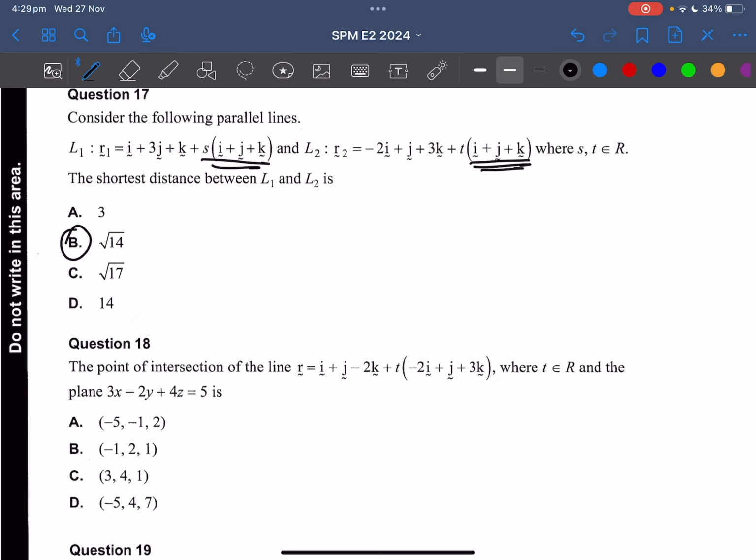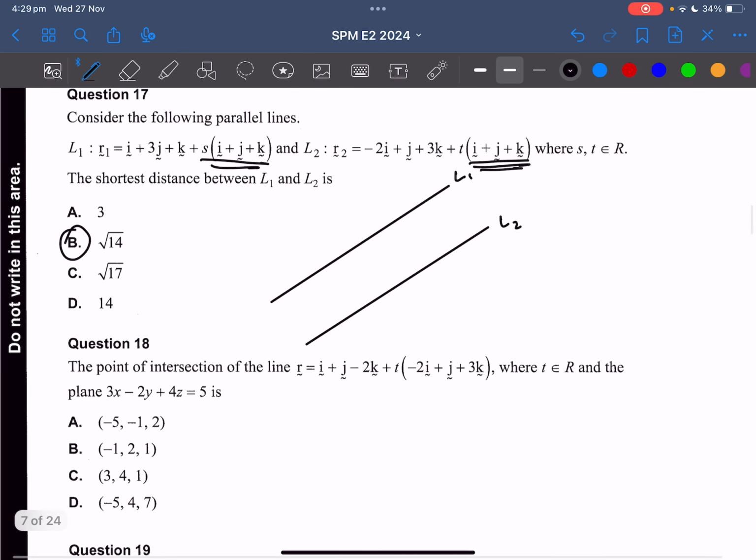Now if I were to give you a quick visual, let's draw two lines, L1 and L2. Now, if I were to find the shortest distance, this is when the shortest distance would occur, right? When both of them are perpendicular, right?